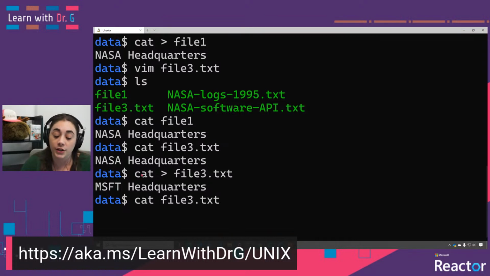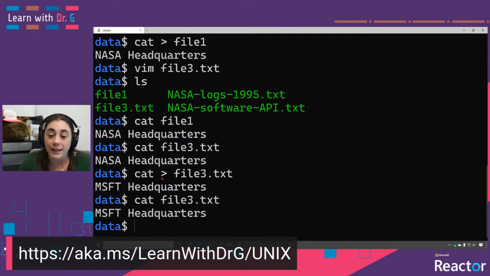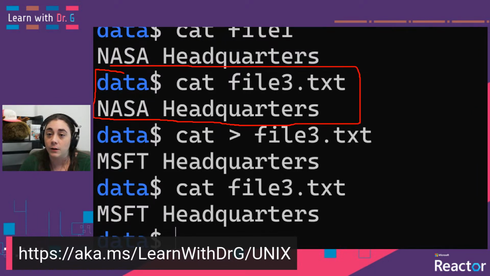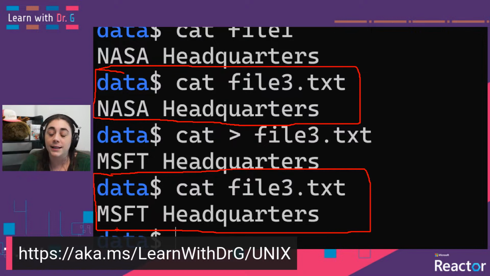So this first command with the caret is me opening it to write on it, and then just displaying it here. We can see that right here, we did cat on file 3 and it said NASA headquarters. But then here, we did cat on file 3 and it says Microsoft headquarters.